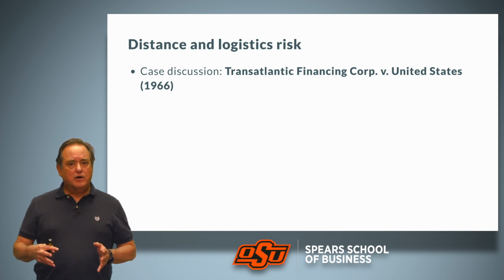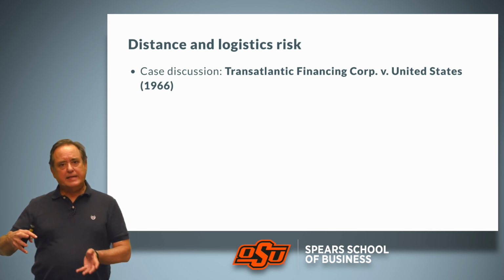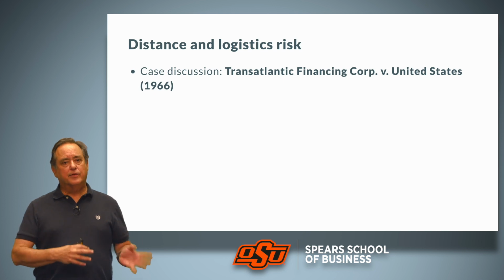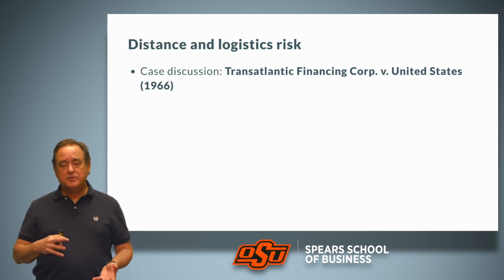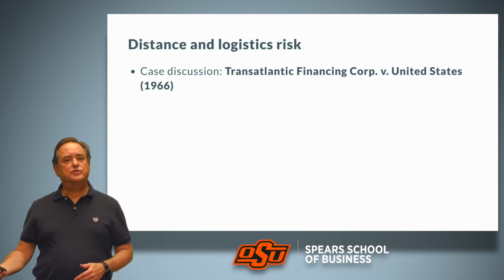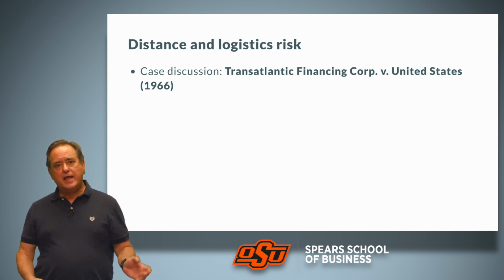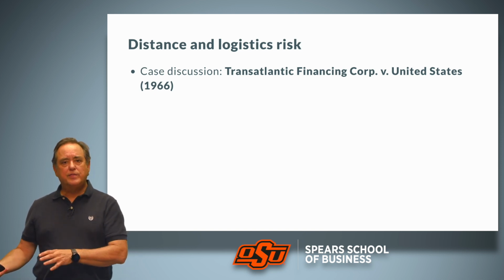The wheat is loaded onto a cargo vessel. It is en route to Iran. The route for the trip is going to involve the use of the Suez Canal, the canal that connects the Mediterranean with the Red Sea.